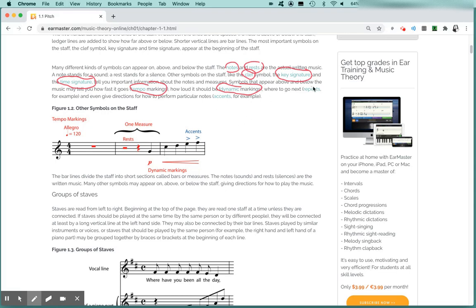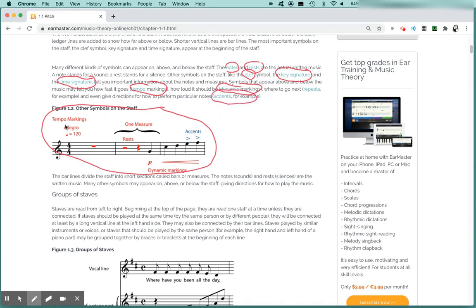We won't worry about repeats, but it can repeat, and accents. We won't worry too much about accents right now, but you need to know this. Just identify them. We're not going to heavily get into them. Just know that they're there.